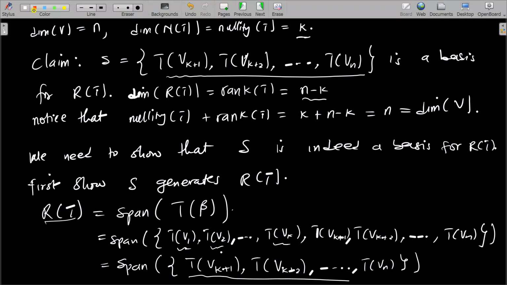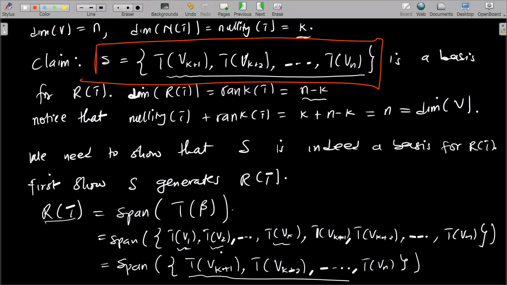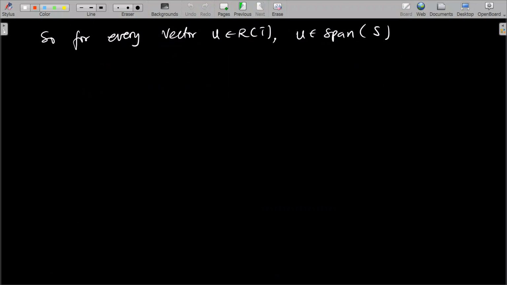S was defined to be this one, right? So every vector you pick in the range of T is generated by S. The span of S means that every vector in R(T) can be written as a linear combination of vectors in S. So it means that indeed S generates R(T), so that part is shown.